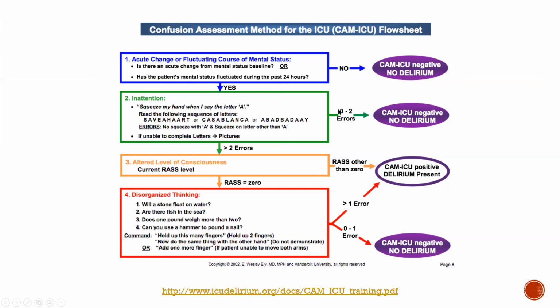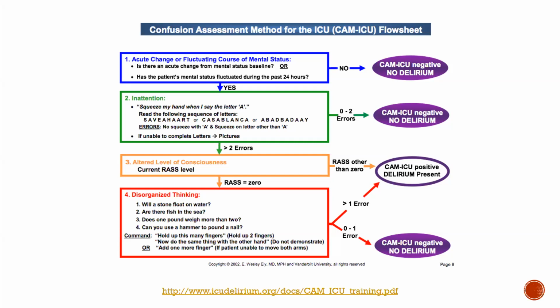If they do this pretty well, so they don't have inattention, then they're also CAM-ICU negative, so no delirium. If they answer yes for 1 and 2, then you move on to 3 and you look at their level of consciousness. The best way to do this is based on their RASS level, especially for mechanically ventilated patients.